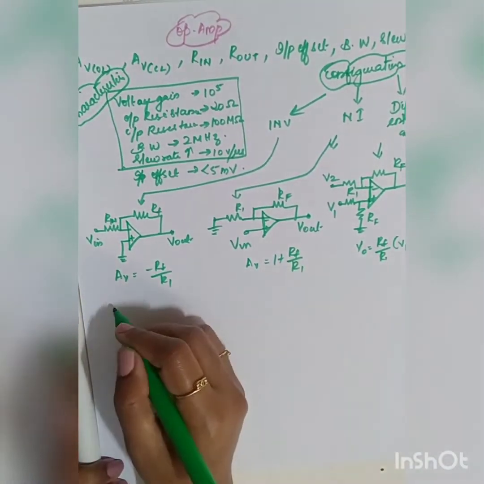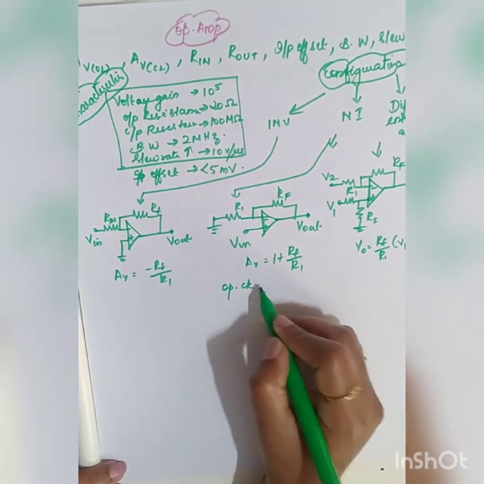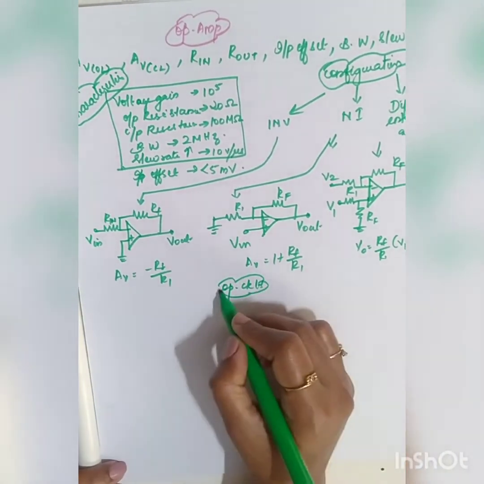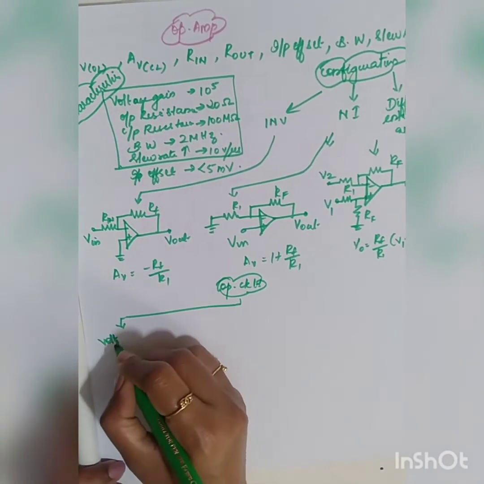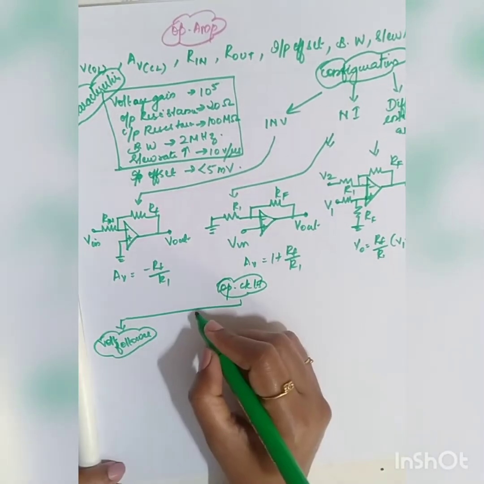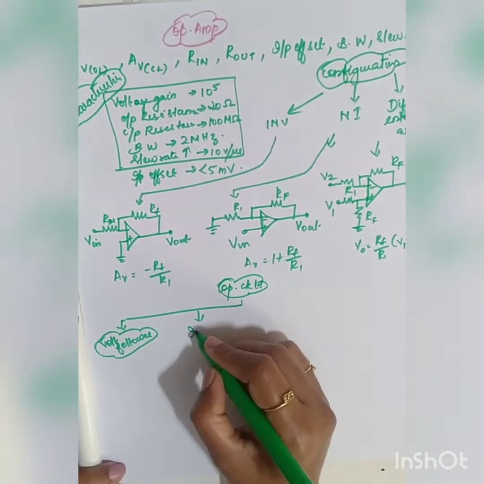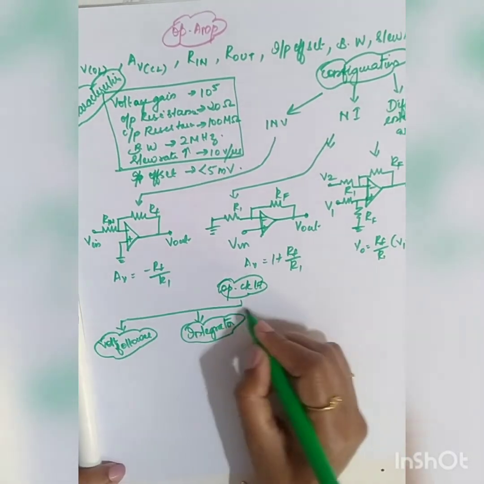Now the last one was your different op-amp circuits. You studied 5 different op-amp circuits. First one was your voltage follower. Second one was your integrator. Third one was your differentiator.